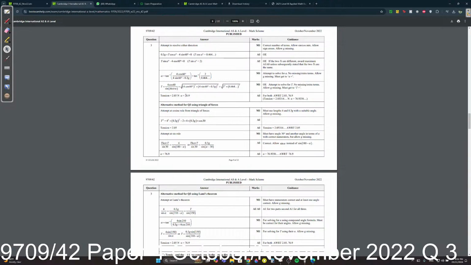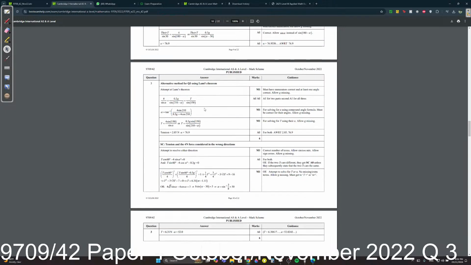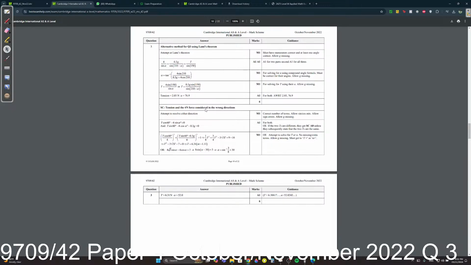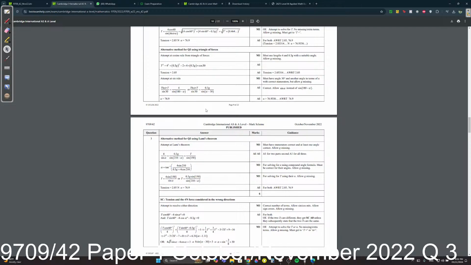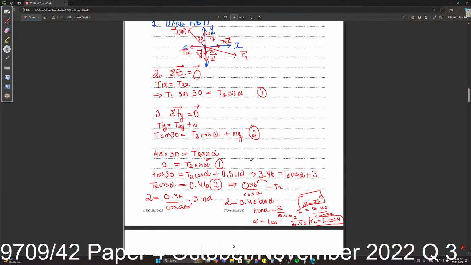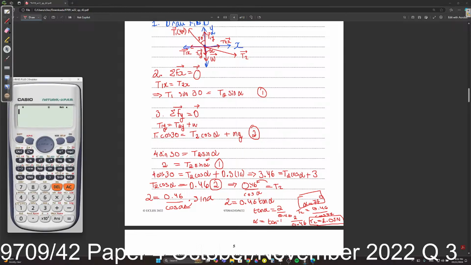How do they get 76.9? I think because they used non-exact answers. So over here, for my 3.46 for cosine 30, I think I wasn't supposed to keep it as 3.46.